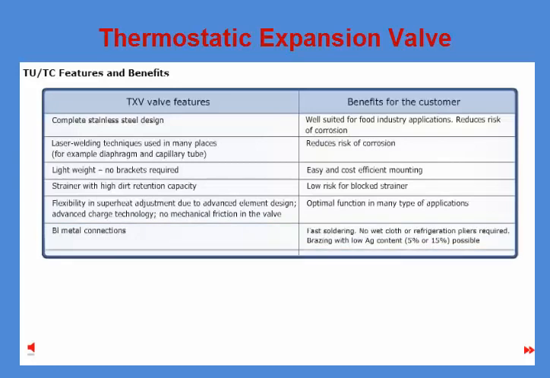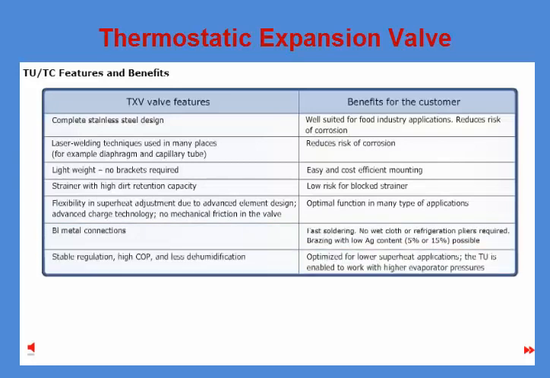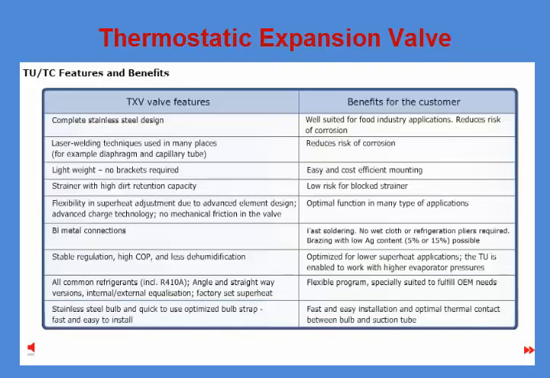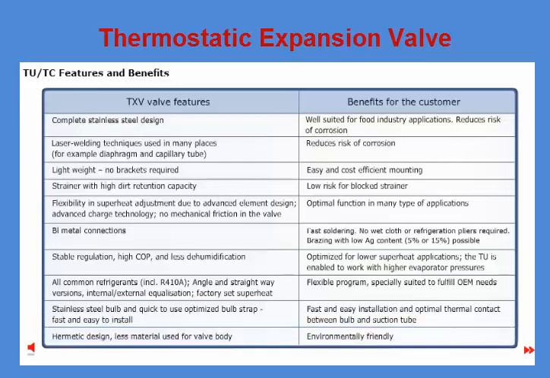Bimetal connections. Stable regulation, high COP, and less dehumidification. Works with all common refrigerants, including R410A. Angle and straightway versions, internal or external equalization, factory set superheat. Stainless steel bulb and quick-to-use optimized bulb strap, fast and easy to install. Hermetic design, less material used for valve body.